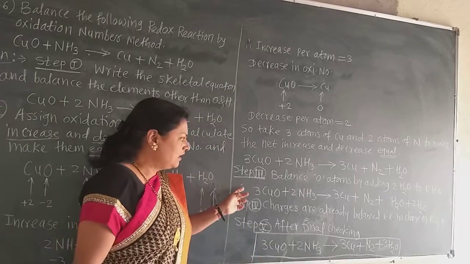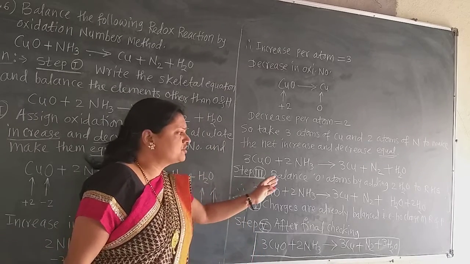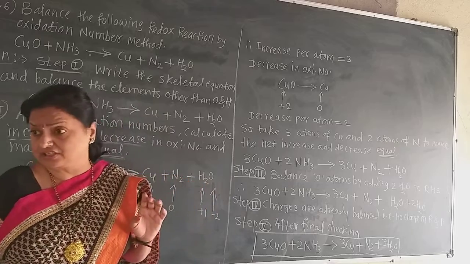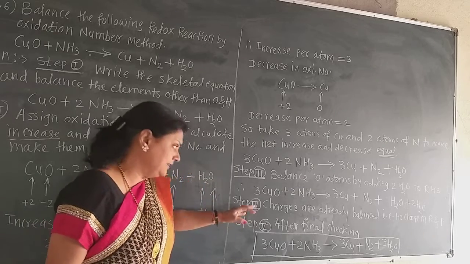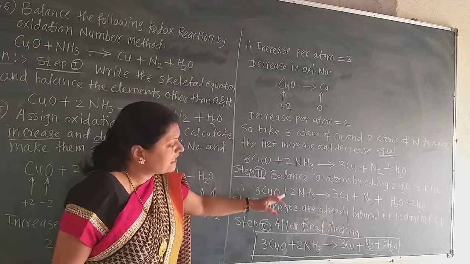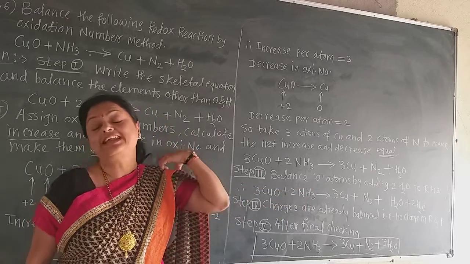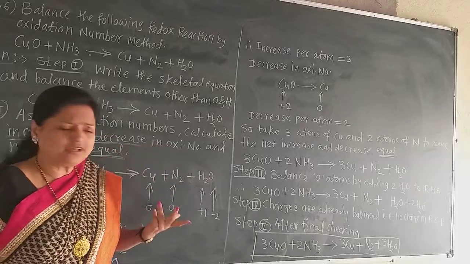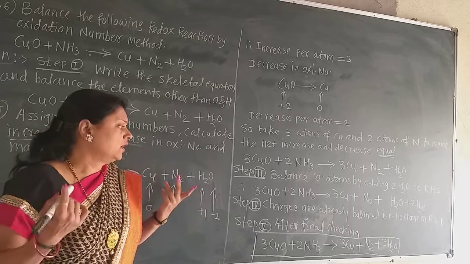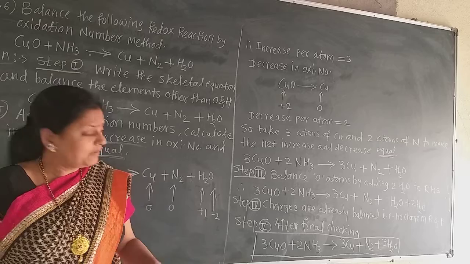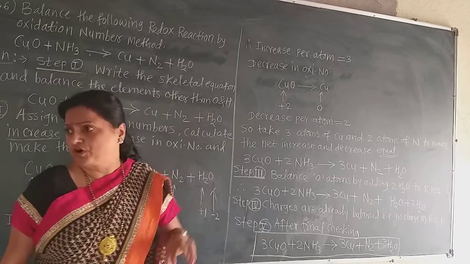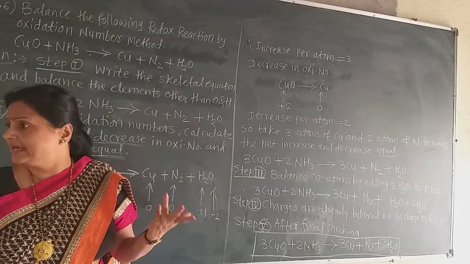And then there are no charges on any product or reactant. So what do I write here in the 4th step? Charges are already balanced, because there are no charges on the products and reactants. We do not have to balance the charges here, but write down one sentence about that: charges are already balanced.